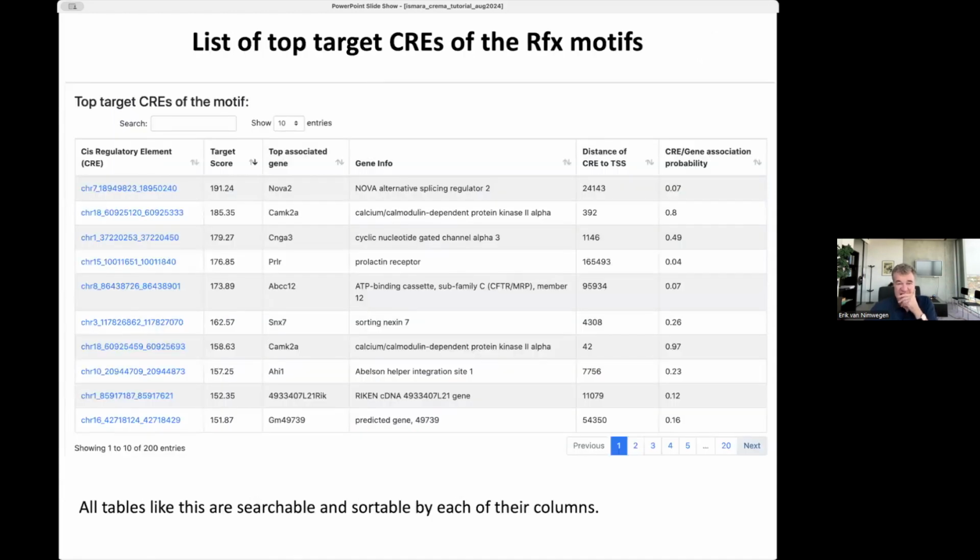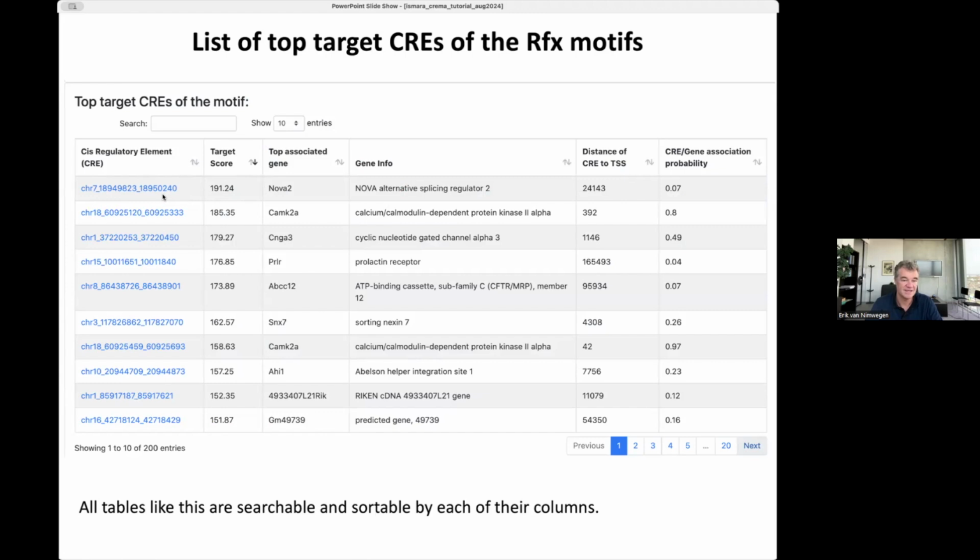Okay. Then, like in the MARA, we have a list of target sites, target CREs of each regulator. So for this RFX motif, these are the top targets. They tell you where this CRE is on the genome and what the top associated gene is.